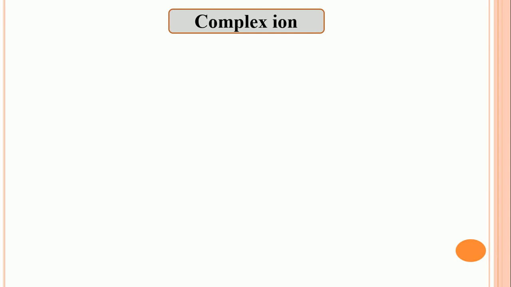So complex ion means there is a combination of simple ions with opposite charge or with a neutral molecule. That means one cation combines with an anion to form an ion, that is known as a complex ion. Now see the meaning.